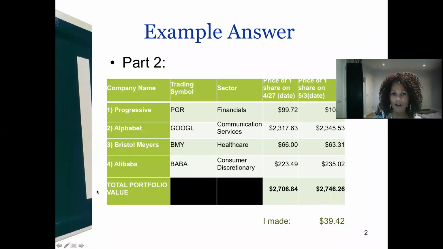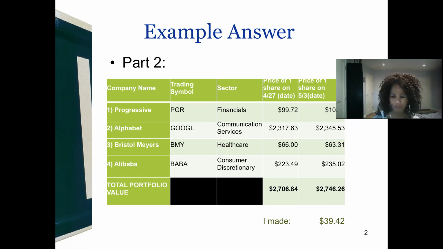the second part of our assignment is a week later. So in my case, I began the assignment on April 27th, and then I came back for those same 4 stocks a week later on May 3rd.